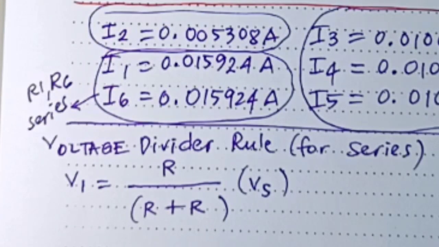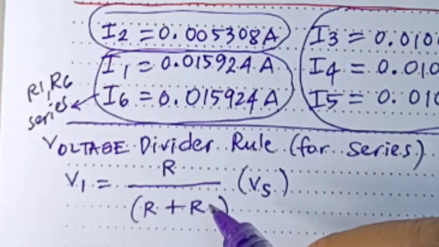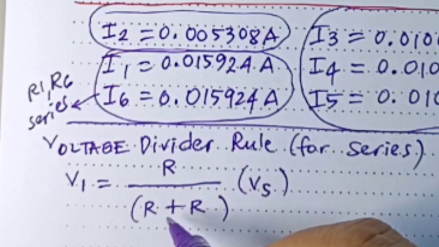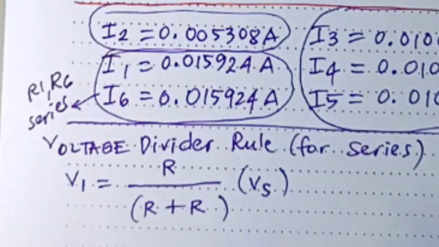We need to consider the total resistance of the three resistors. We have to consider here R plus R, or we can say R total, not only like this.